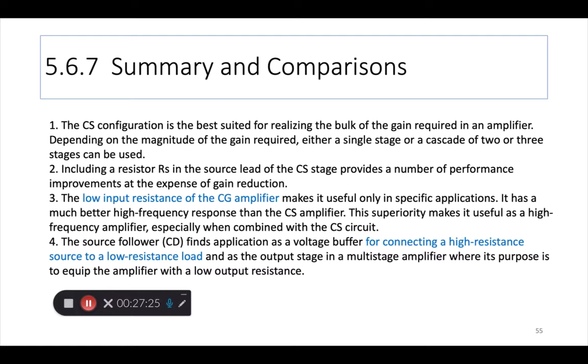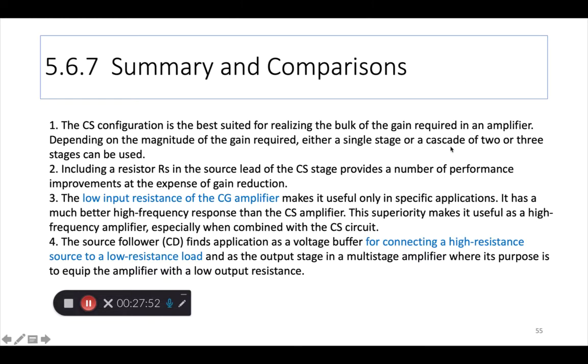So if you have one stage of amplification 50 and another stage of amplification 40, the total gain is 50 times 40. It's 2000, right? So to get high amplification, you will cascade, and that's what it says here.